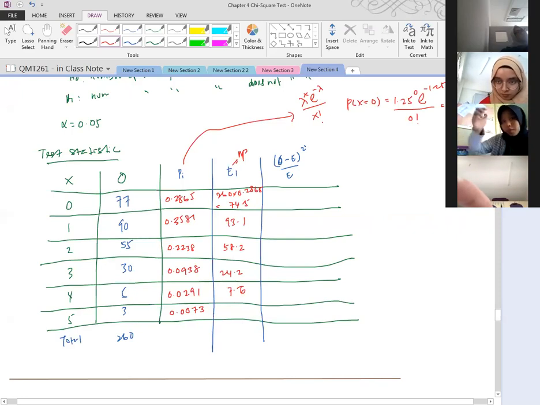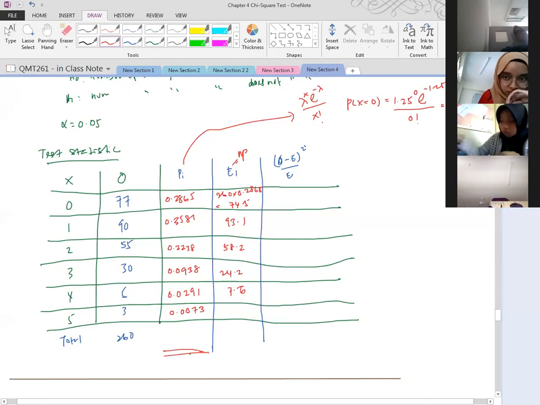But before you start with this one, I think something is not correct. We need to make sure the total probability here is equal to 1. If you total the values of probability here, it is not equal to 1.